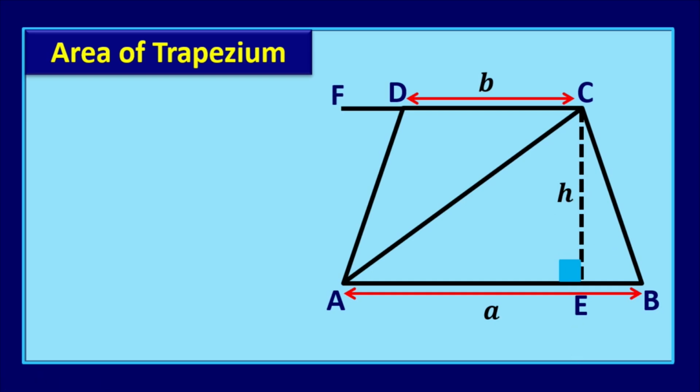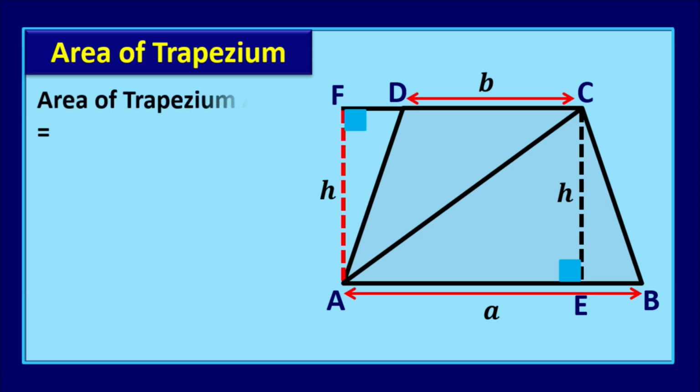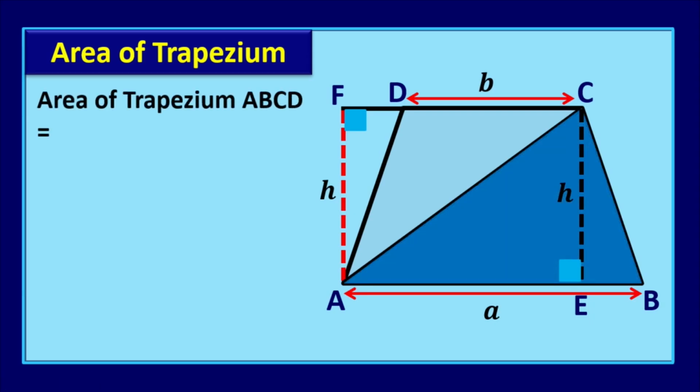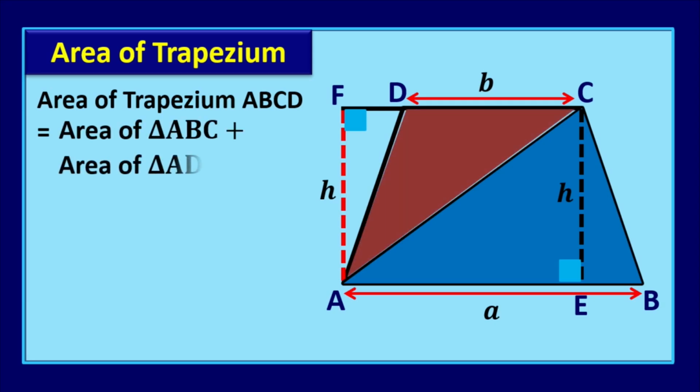Now extend CD to F and join AF, and it should be perpendicular. The distance between two parallels will always be the same, right, children? So if this is H, obviously this will also be H. Now let us find the area of this trapezium ABCD. The area of trapezium ABCD is the area of triangle ABC plus the area of triangle ADC.